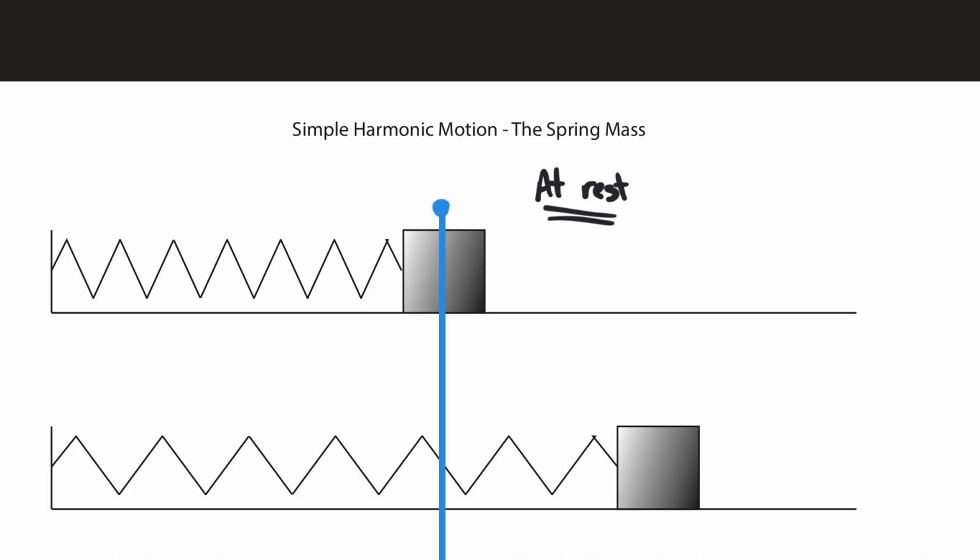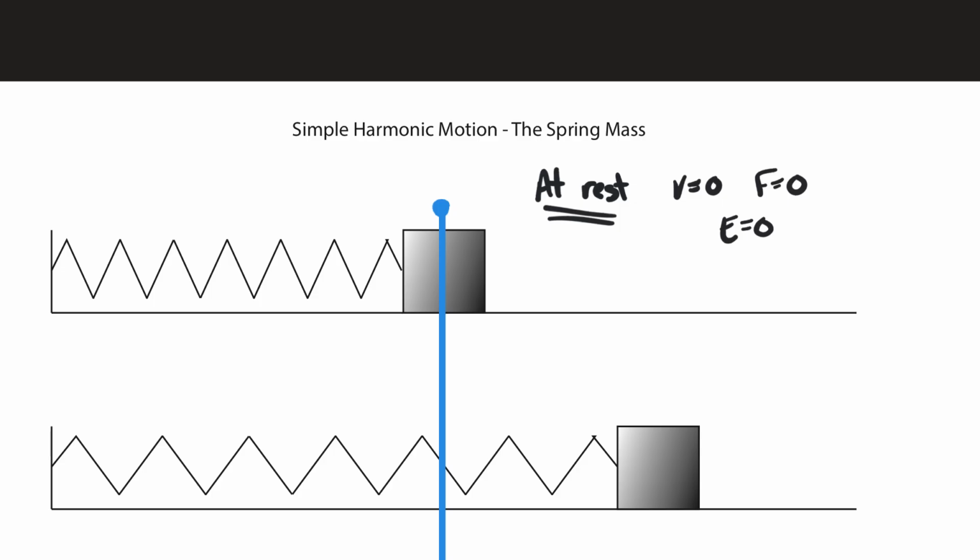What would happen if you just had the block connected to the spring, but you didn't give it any energy? You didn't pull it outwards and release it. If it was at rest, this is what it would look like. The velocity would be 0, the force on it would be 0, and the energy in the system would be 0. This represents the at-rest system, where the system would naturally be after all the energy has been drained from it.